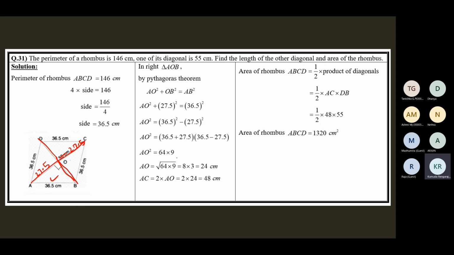So here I've marked 55 on AC, but I've substituted it for OB. Are you following, children? While substituting, I've gone wrong.